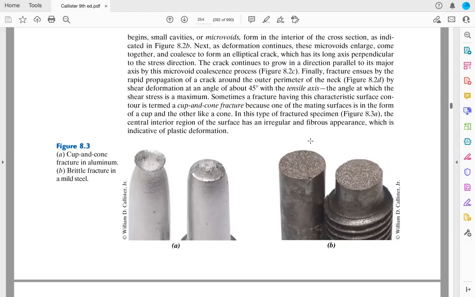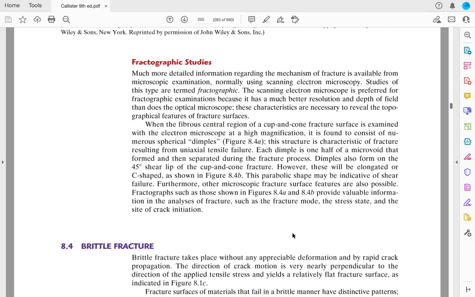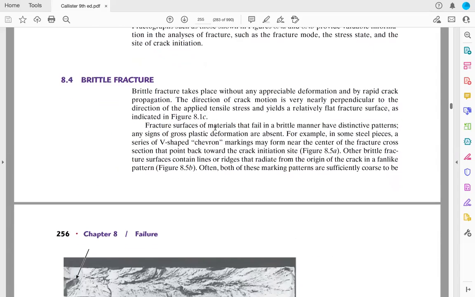There is no change in the diameter, and the direction of the crack propagation is perpendicular to the tensile load. Brittle fracture takes place without any appreciable deformation and with rapid crack propagation.